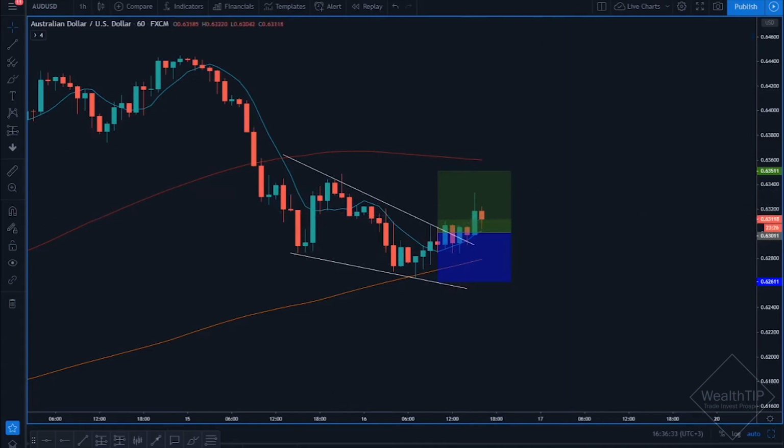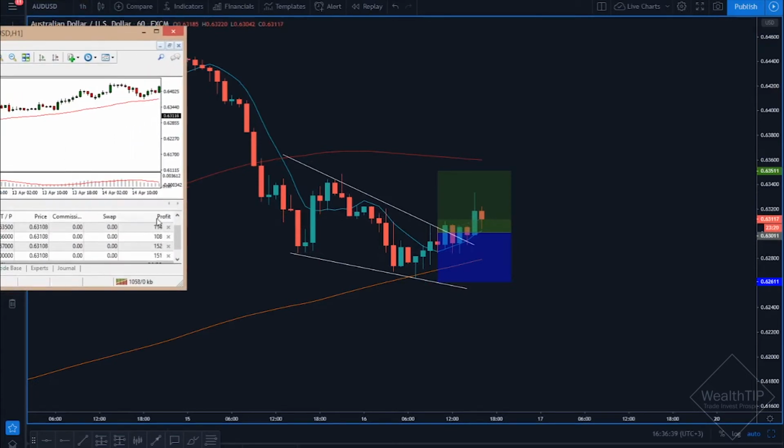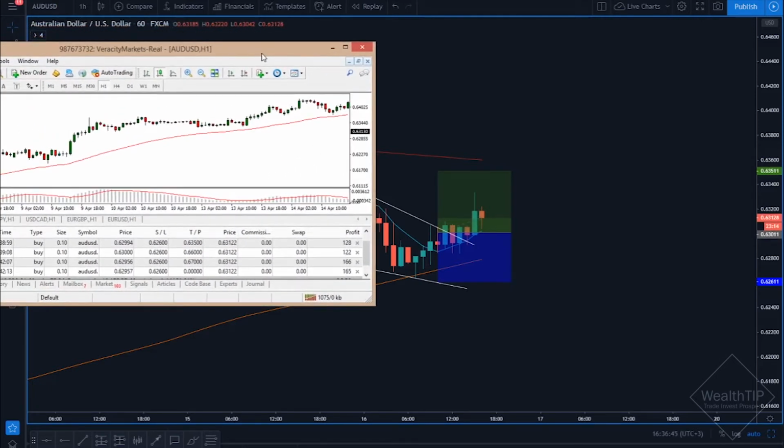And now I want to get the account pulled up for you guys so you can see all around it. Right? There you go. So this is the Aussie position. If I pull this over here like that, you can see that's the position that we placed. So this was the Australian dollar, US dollar. There's all the positions, and you can also see that this is still the euro pound trade that I was telling you guys about.